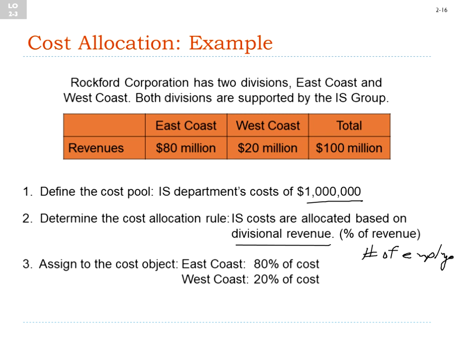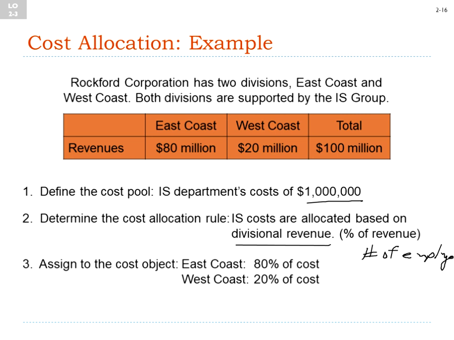So if East Coast and West Coast both have the same number of employees, then it would be a 50-50 split. Or maybe they don't go by number of employees, but maybe there's only certain people in the company that use laptops or technology or whatever else the IS department is taking care of.